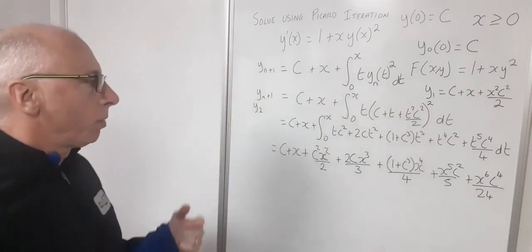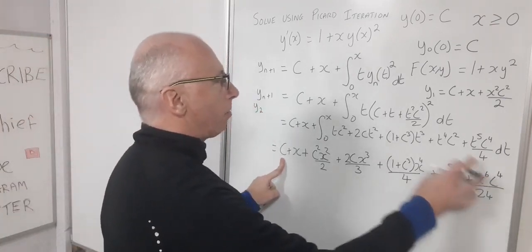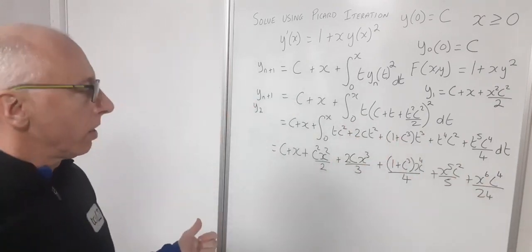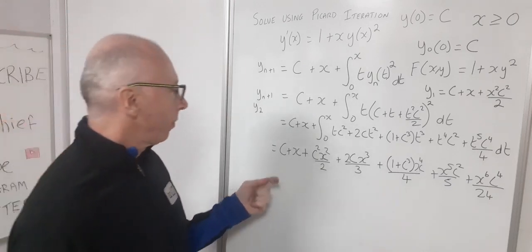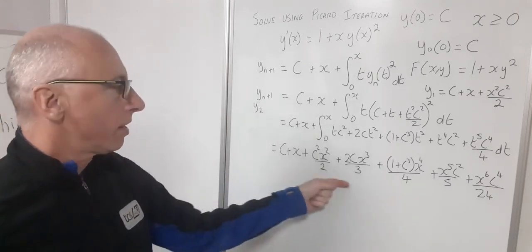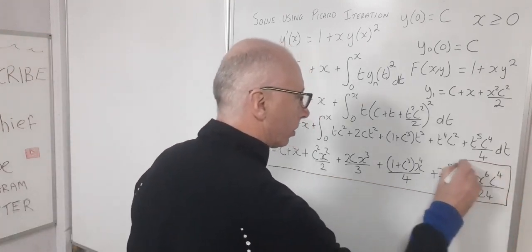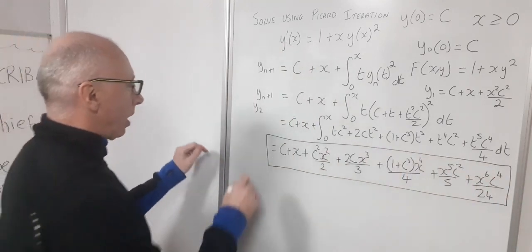Now if you want to, we could go on again and we would square this value here and then multiply that by the t when we get this all in respect to t. But I'm going to leave that to you guys if you want to take care of that. But basically my series so far for my second iteration is this one. So that's my second iteration using Picard's theorem. So I'm going to call that y of 2.